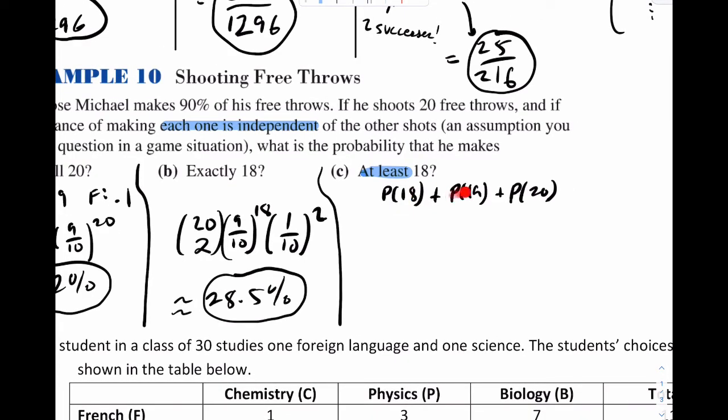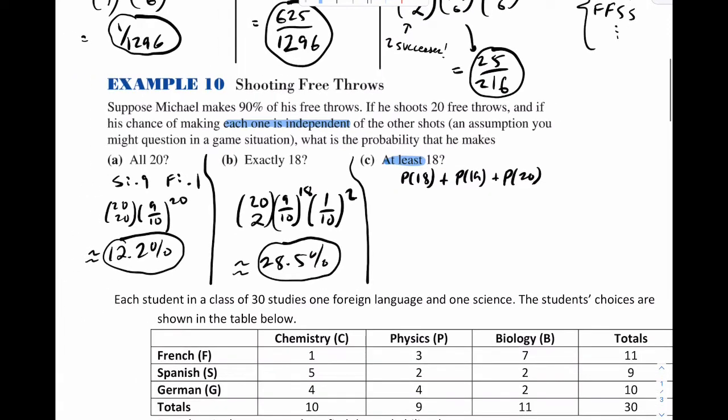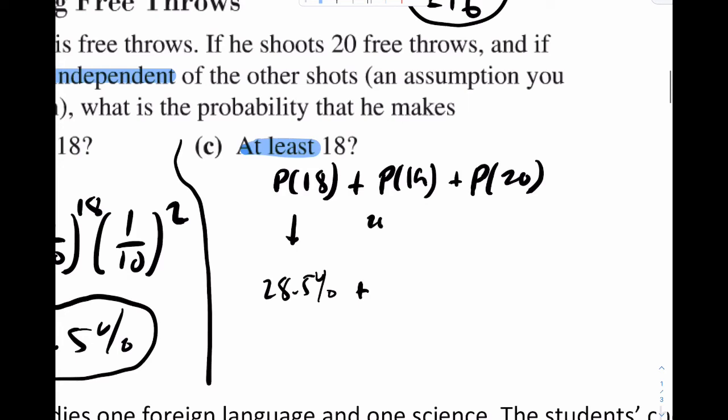So we should figure out each of these individually, and then we'll just add them. So 18, we already have that from earlier. That's about 28.5%. So let's use that number. 19, we don't have that, so we'll calculate that. That's going to be 20 choose 19 multiplied by 9/10 to the 19th, 1/10 to the 1.